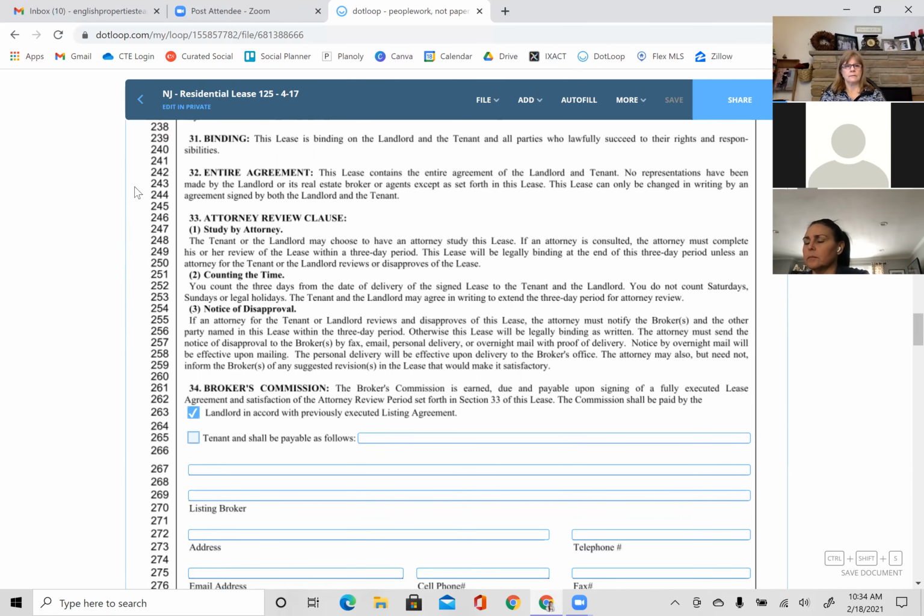Section 31 says that this lease is actually binding. As soon as they sign it, this is a legally binding contract. Just make sure that they understand that. I know when it comes to sale contracts, because of attorney review, people sign them willy-nilly sometimes and think they could easily get out of it. The leases are way more difficult to get out of.